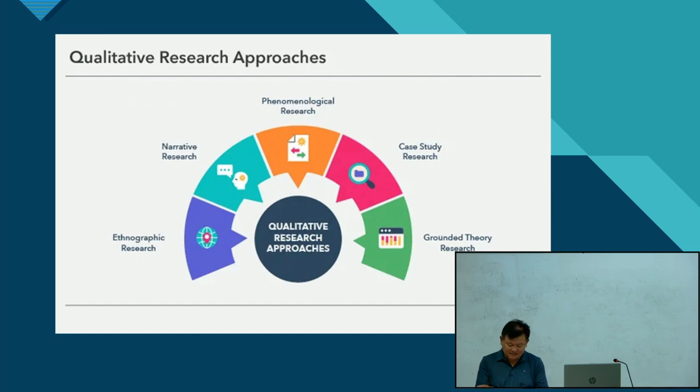A thesis is mostly related to the master level. A dissertation is doctorate level, so I don't want to go too wide and deep for you. Just the thesis and dissertation. In some cases, a paper.